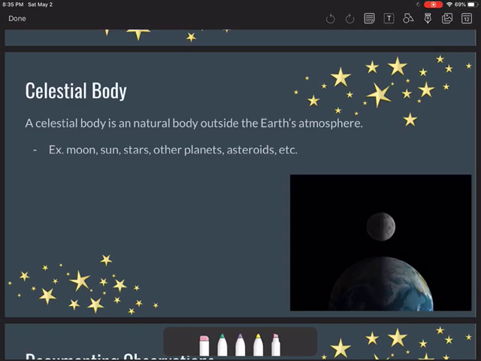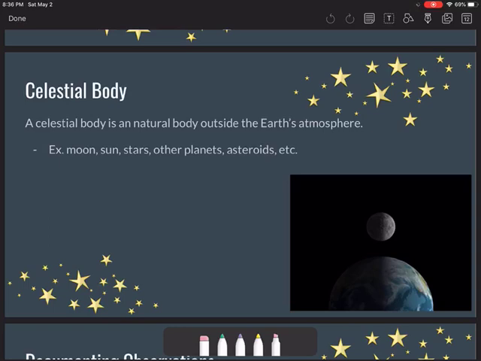A celestial body is actually any natural body, aka amount of mass, outside the Earth's atmosphere. We say natural, so that includes things like moon, sun, stars, planets, asteroids, all of that jazz. But outside Earth's atmosphere, we have a lot of other things too. After we started sending things to the moon, we also have quite a bit of debris up there.